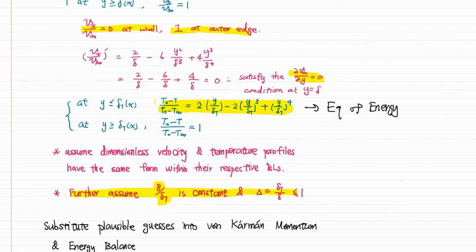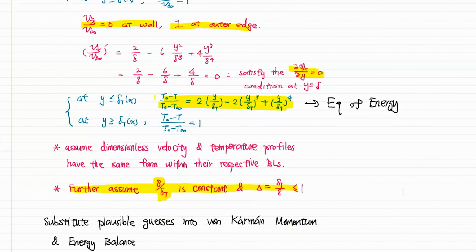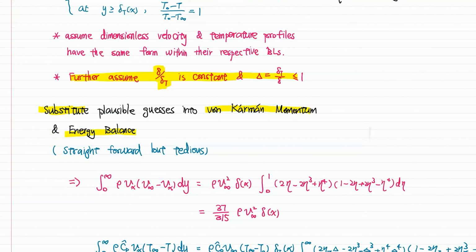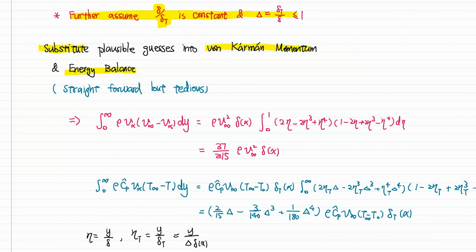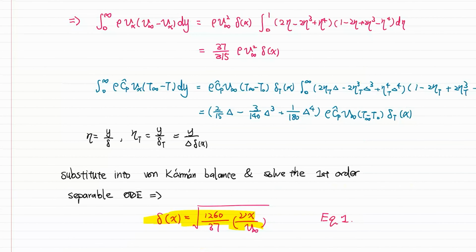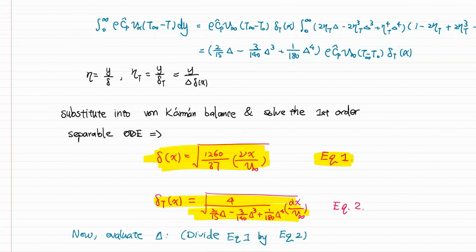Okay, so basically after having these suitable guesses, we're going to substitute them into the von Karman momentum and energy balance. It is straightforward but tedious, so we're just going to show you the results, which are basically down here: the velocity boundary layer equals equation 1 down here, and the thermal boundary layer as a function of x equals equation 2 down here.